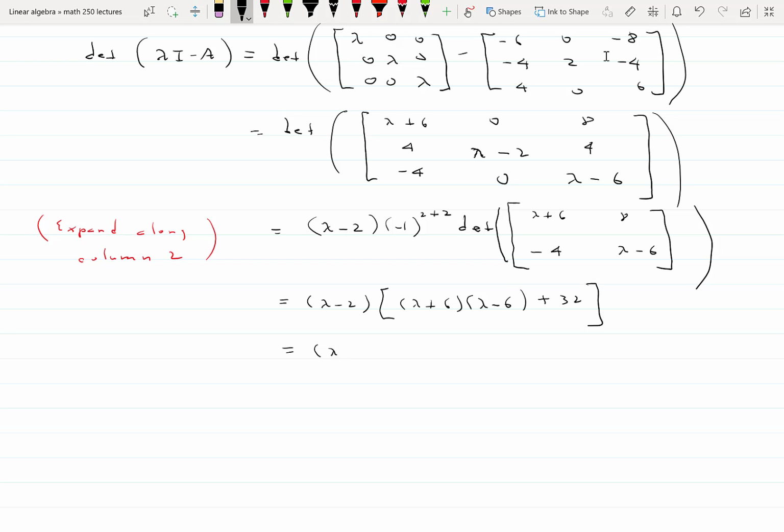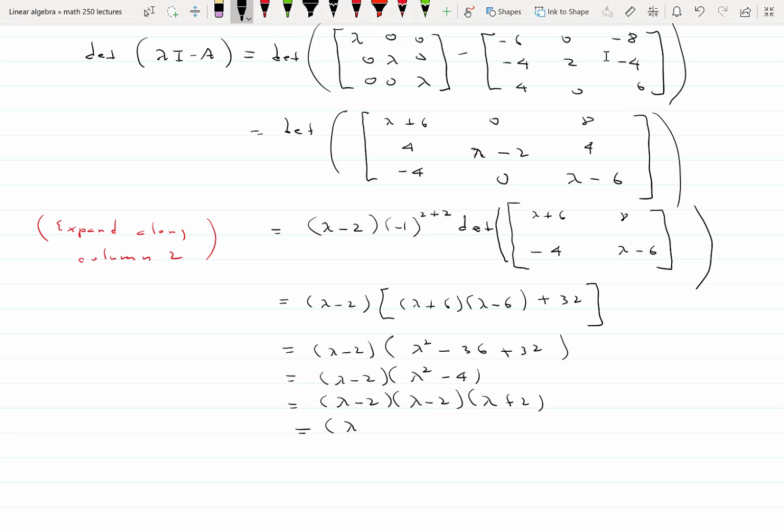Okay, we're getting there. Lambda minus 2 times lambda squared minus 36 plus 32, or lambda minus 2 times lambda squared minus 4, or continue to factor: lambda minus 2 again, lambda plus 2.